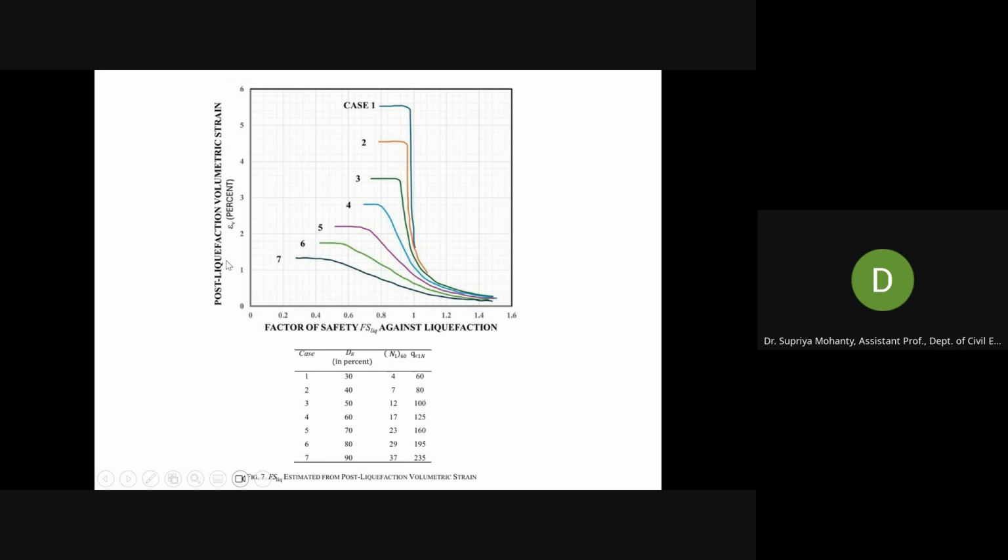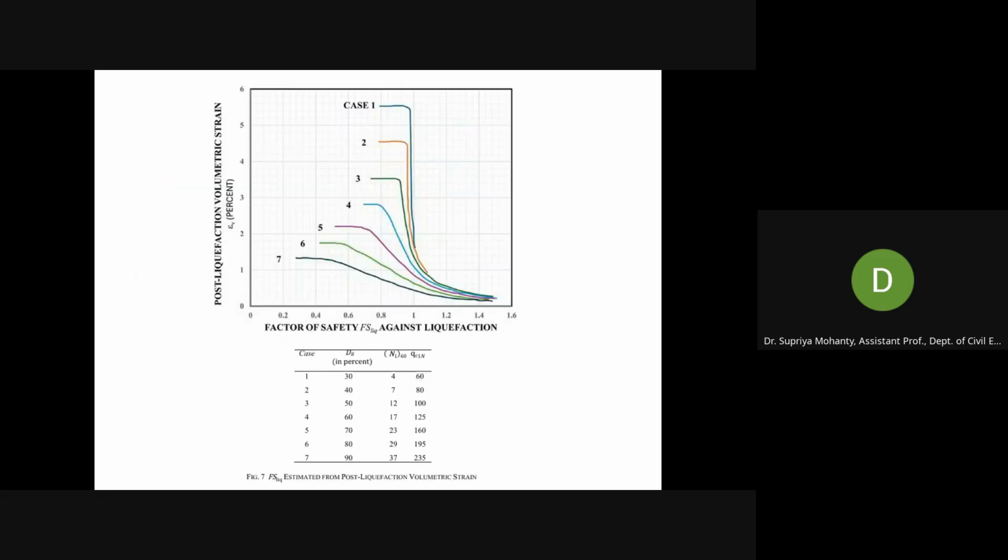For dense soil, obviously there will be less volumetric strain, so less settlement, and for loose soil there will be more settlement. Depending on the factor of safety against liquefaction, you need to check the appropriate volumetric strain, and the codal provision on the limiting settlement value recommended for the particular structure.